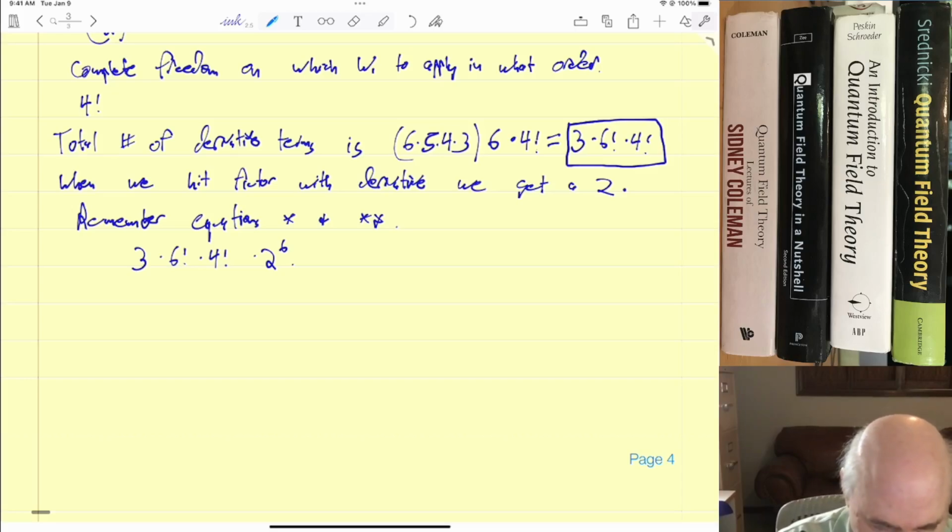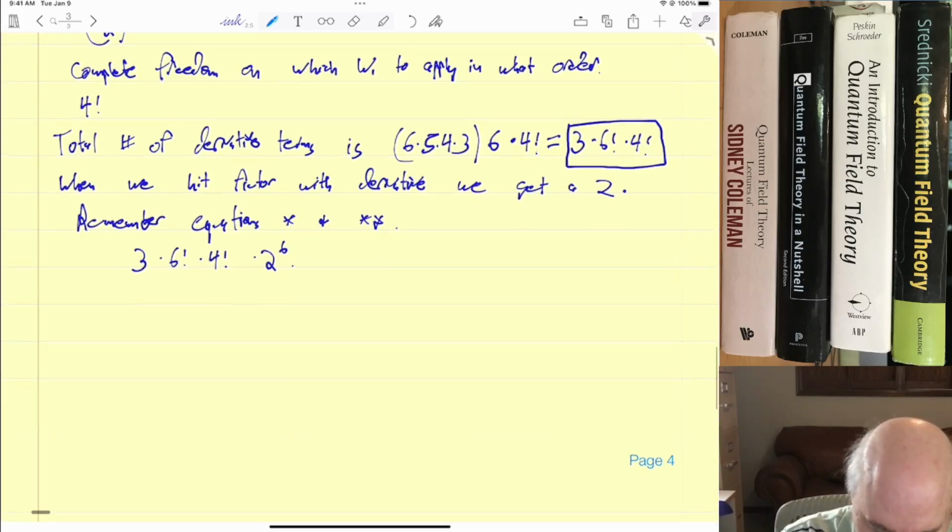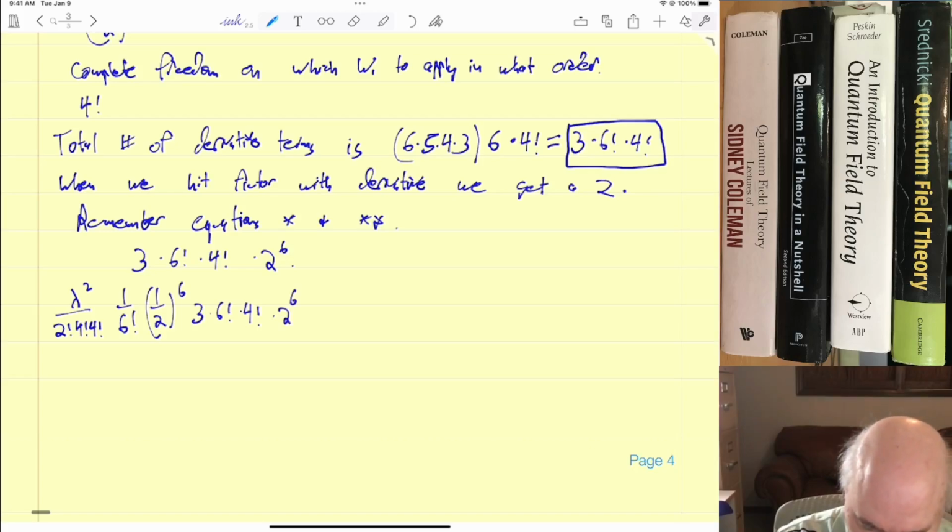Okay. So let's just write down again what we have now. We have lambda squared, 2 factorial, 4 factorial, 4 factorial, 1 over 6 factorial, 1/2 to the 6th, 3 times 6 factorial times 4 factorial times 2 to the 6th. Then I have the integral dw1 dw2 d of w1 minus w2 d of w1 minus w2.